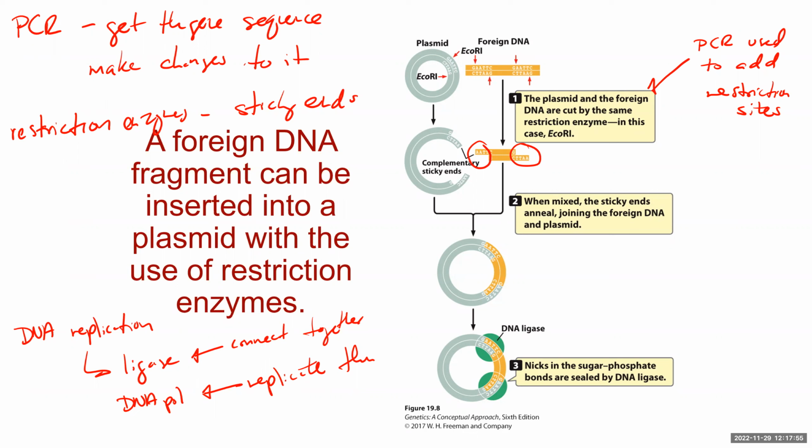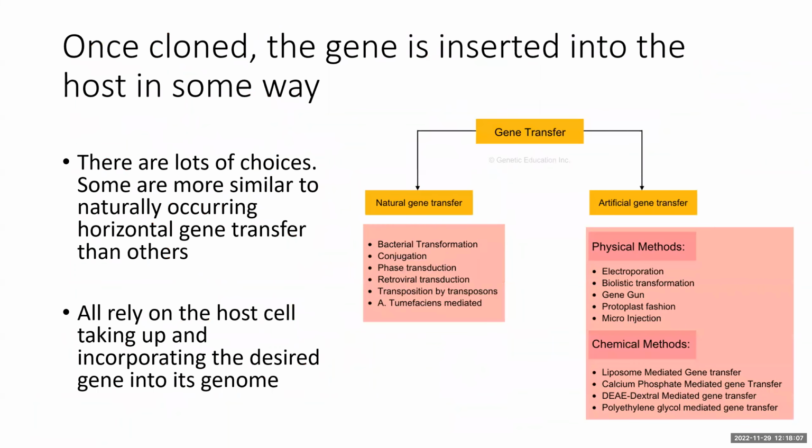Once the gene is cloned into your vector, now the trick is getting it into the cell. And that's the hardest part. There are a lot of choices. Some of them are more similar to naturally occurring transfer than others. For example, if you just want to move it between bacteria, you can use bacterial transformation or conjugation.